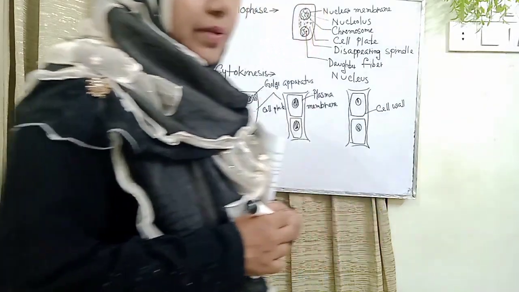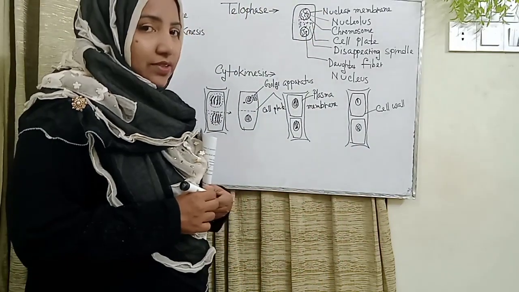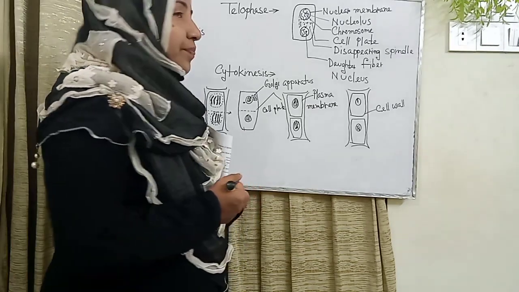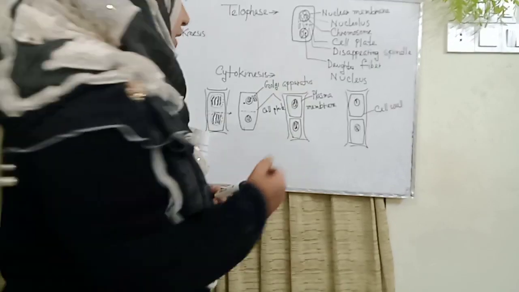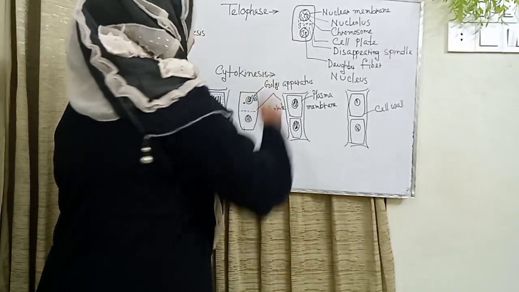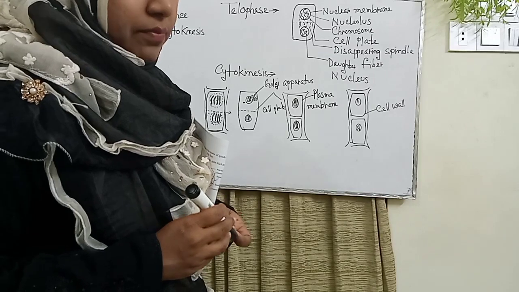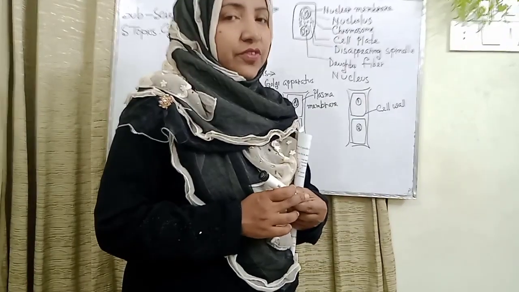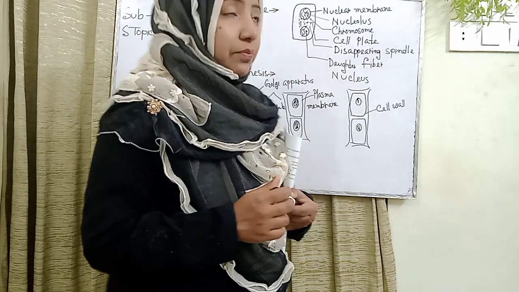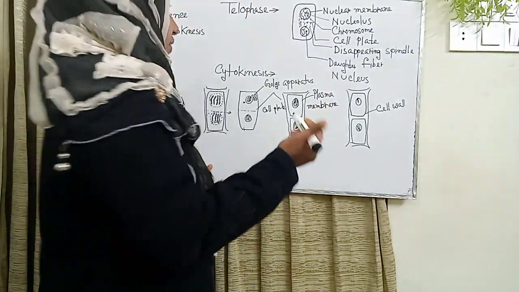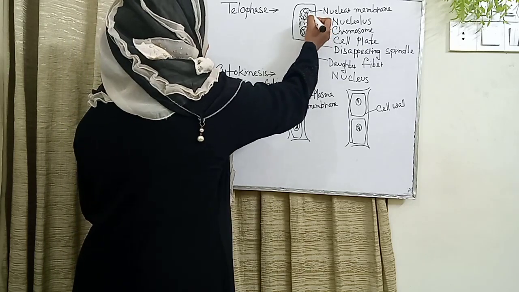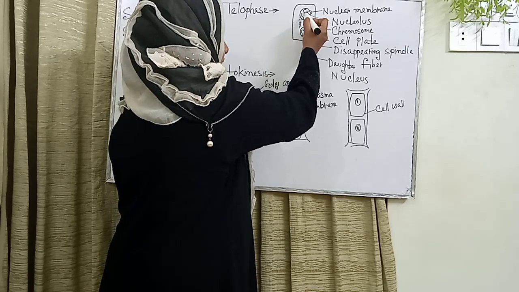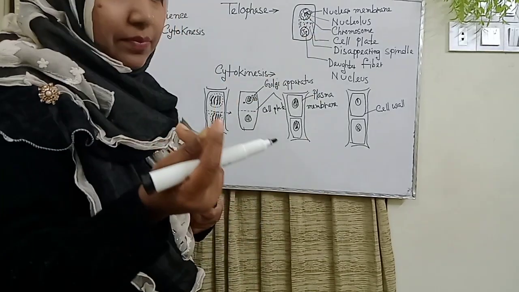Today our last topic about karyokinesis is the last category, the telophase. In the telophase, the first structure is the nuclear membrane, and the second structure is the nucleolus, the pin-shaped structure.